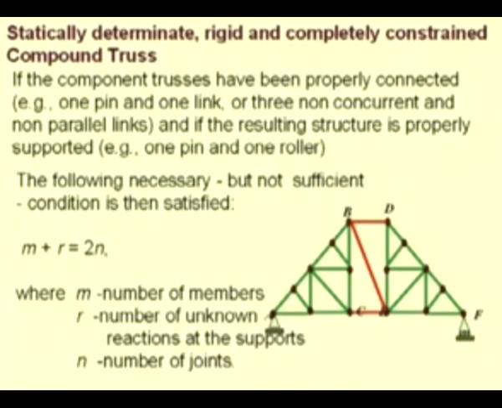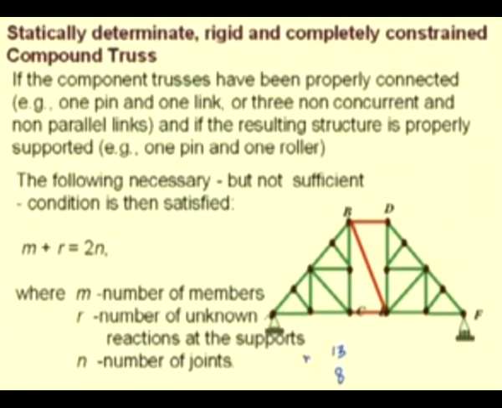Here we have 2 simple trusses ABC and DEF connected by 3 links BD, BE and CE. Let us count the number of members. We see that the truss ABC has 13 members and 8 joints.